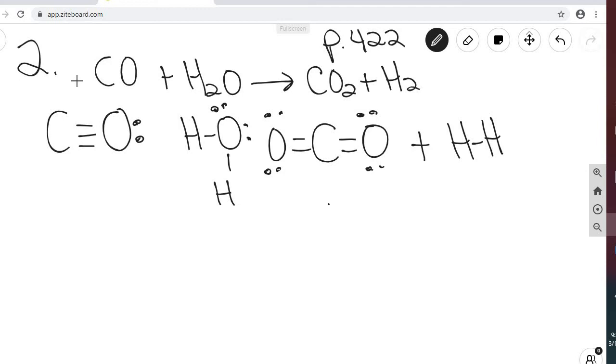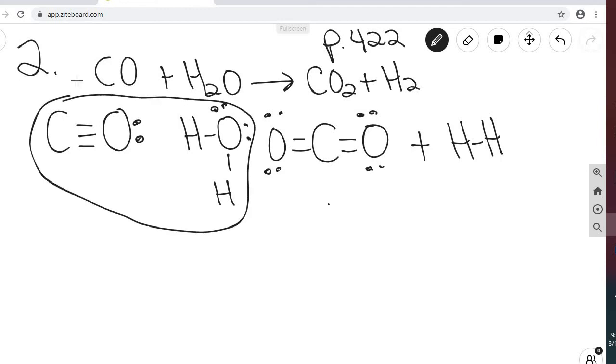Okay, so remember we have to break these bonds, and we're going to compare the energy associated with breaking those bonds to the energy of forming these bonds.